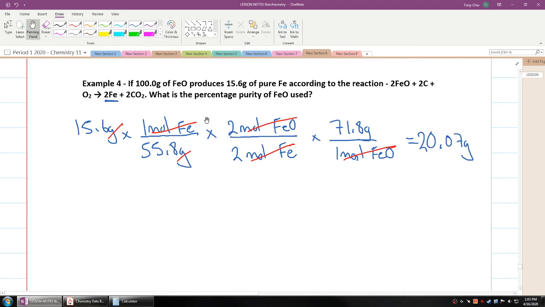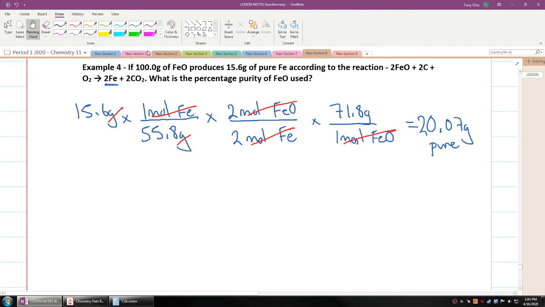Because I went from my product to a reactant, I just found my pure. That means of this 100 grams of iron 2 oxide, only 20.07 grams of it is FeO. The other 80 or so grams is not pure.